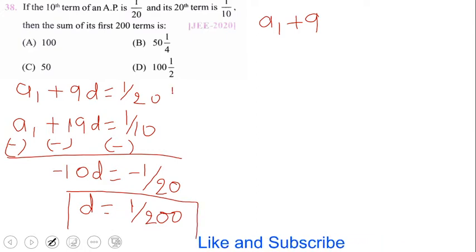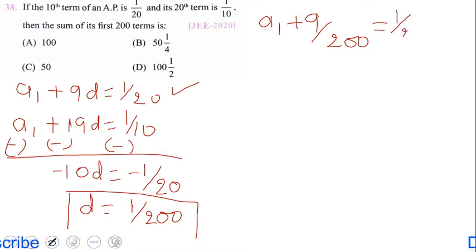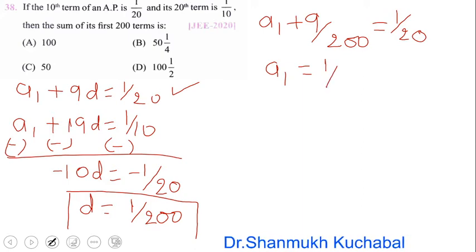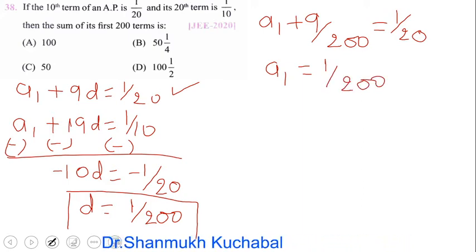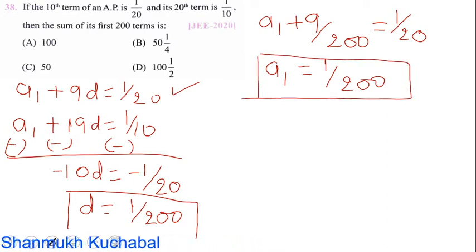So I take the first equation, and in this I substitute the D value as 1 upon 200 equal to 1 by 20 here. We will simplify this. A1 I am going to get as 1 divided by 200. So we will observe that the A1 value as well as the D value is 1 by 200.